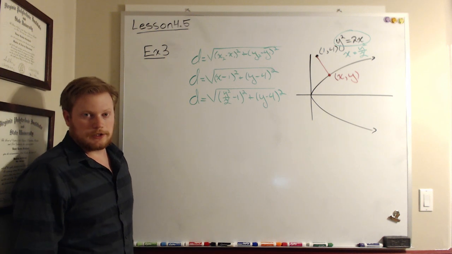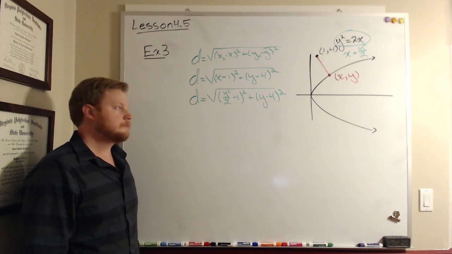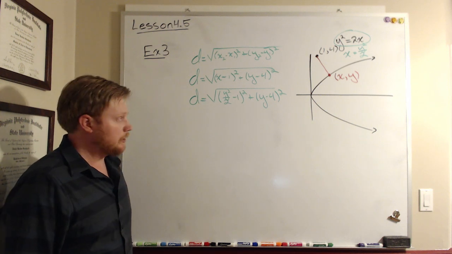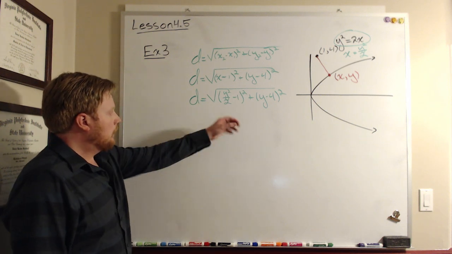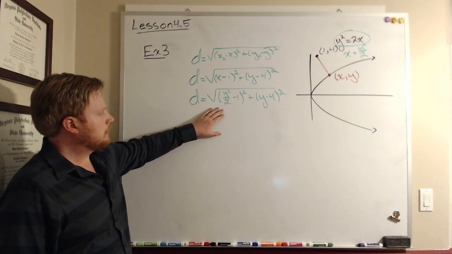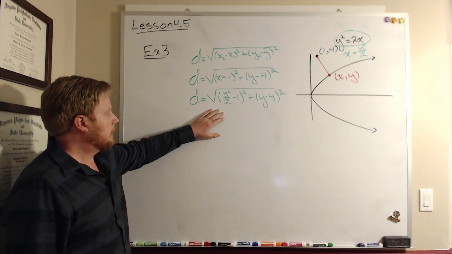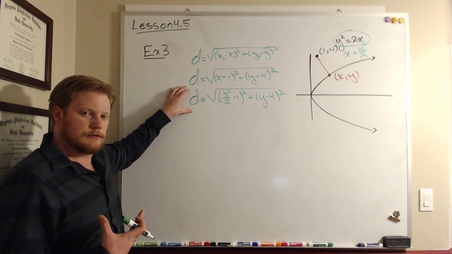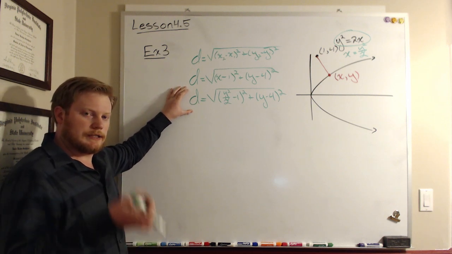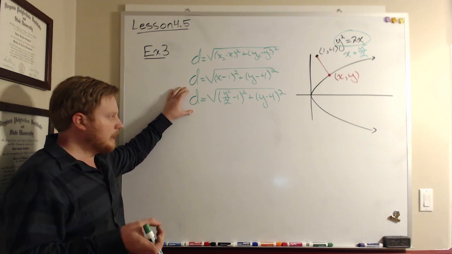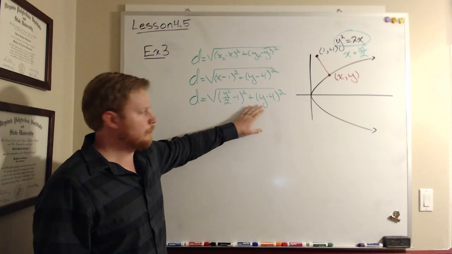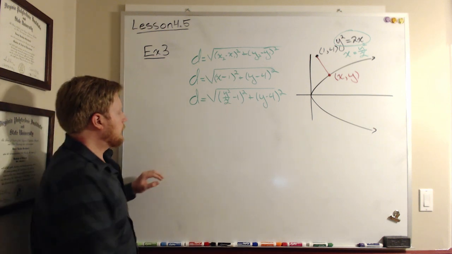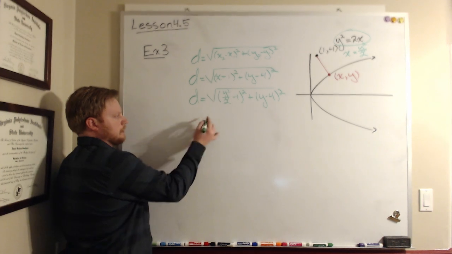And then we want to differentiate that. No, that's a mess. I don't want to differentiate that. I don't want you to have to differentiate that. So what I'm going to say is, it's true that the distance d is minimized at the same point, or the same value of y in this case, as the squared distance.